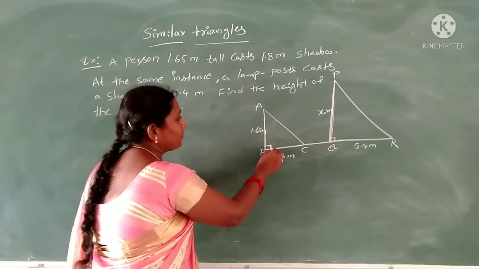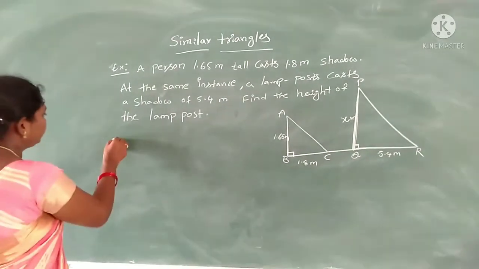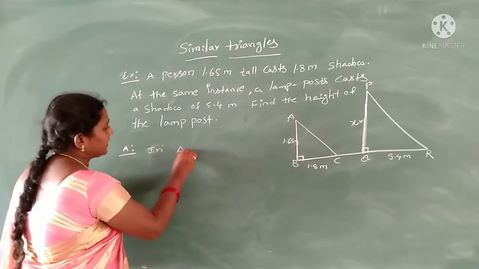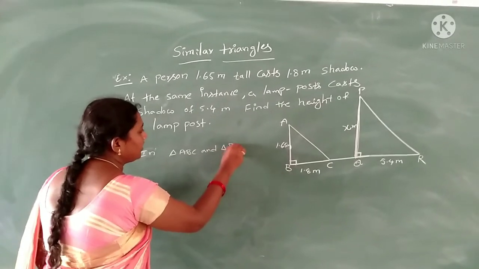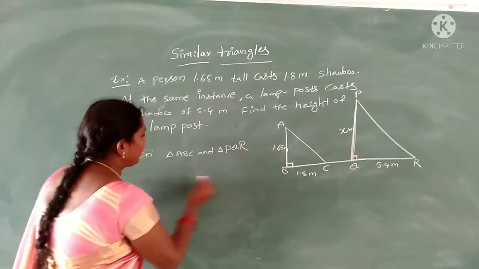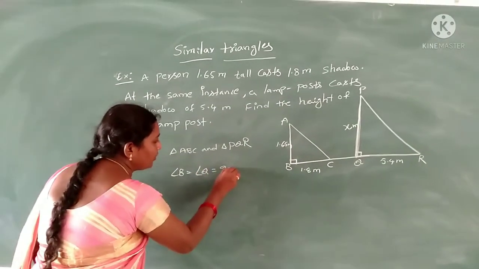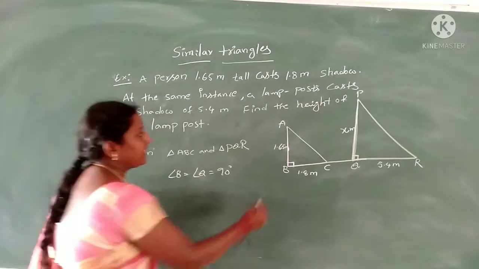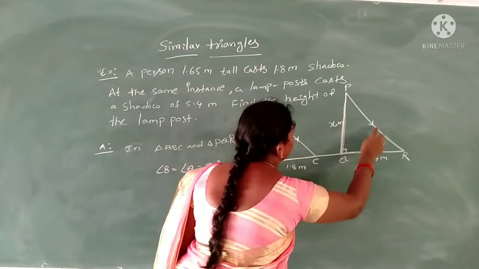So, angle B equals angle Q. Now, in triangle ABC and triangle PQR, angle B equals angle Q equals 90 degrees, and AC and PR are parallel lines.